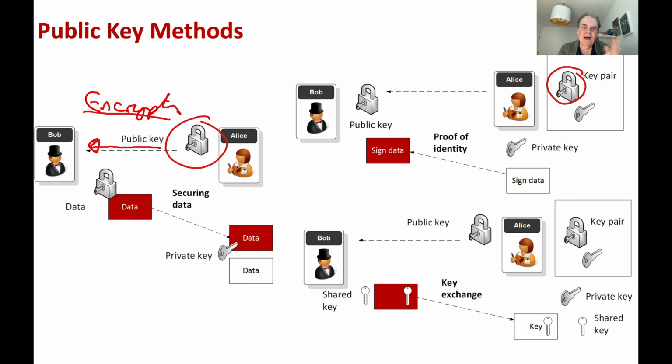But let's say that Alice can get the trusted public key to Bob. Bob then encrypts the data with Alice's public key. He then sends it over, and the only key that can now decrypt the data is the private key. So in this way, the key pairs work together to be able to encrypt and then decrypt.